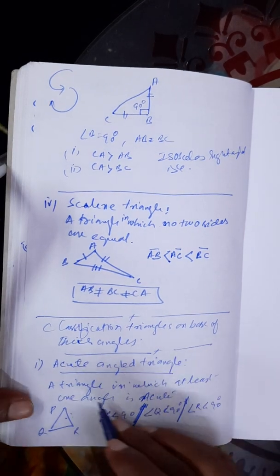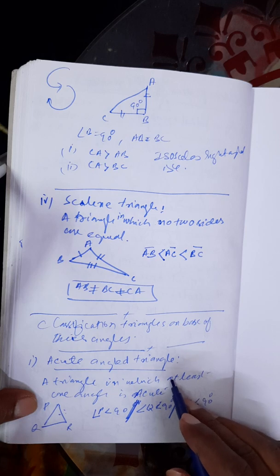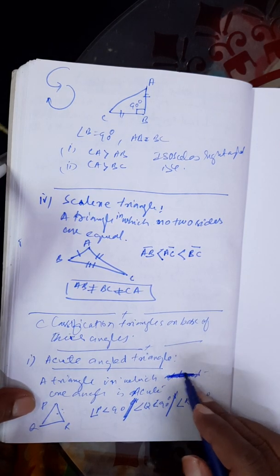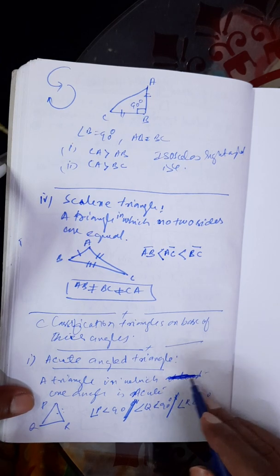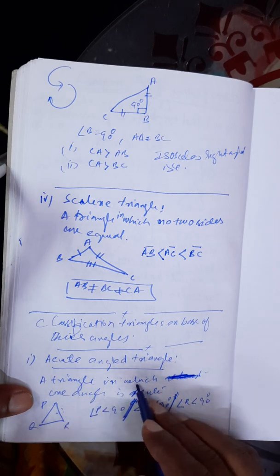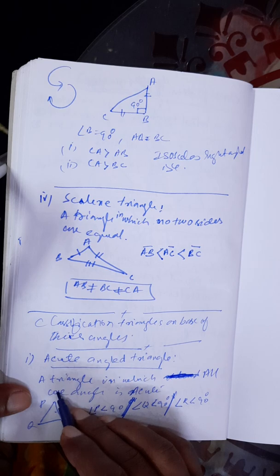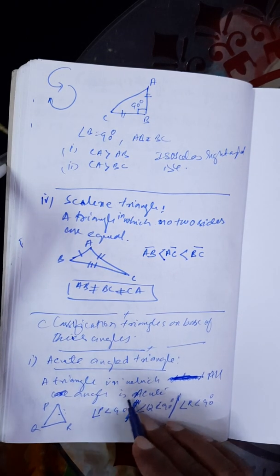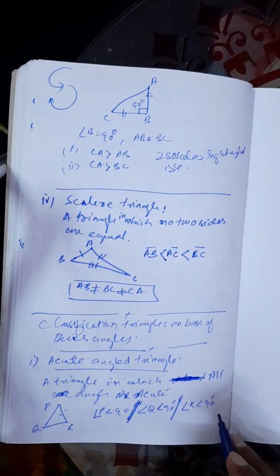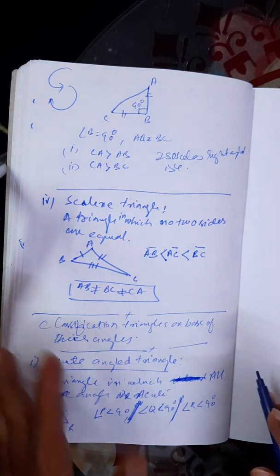Okay, what is this? Acute angle triangle is a triangle in which at least, this is not right, not at least. Make a correction, I forgot that. This is for some other angles where we have to use at least. Here, a triangle in which all angles are acute. So all are less than 90.